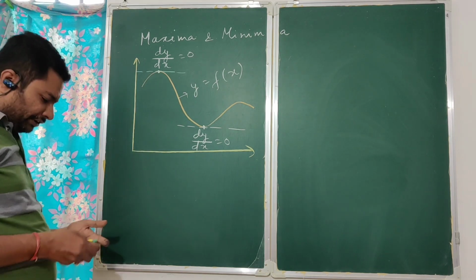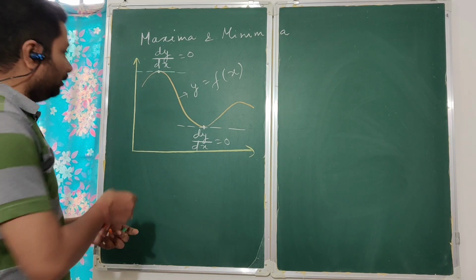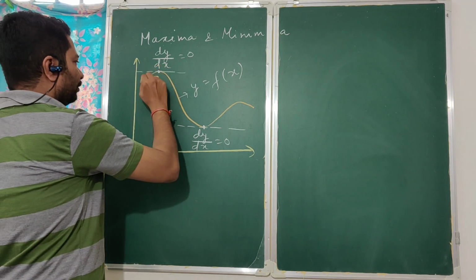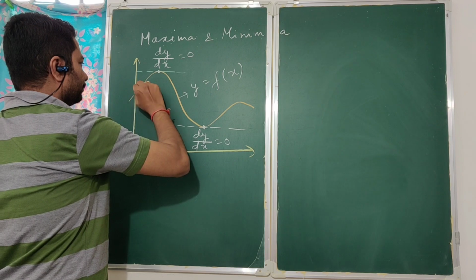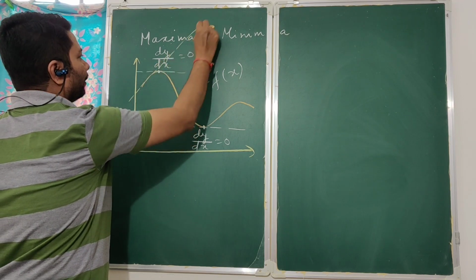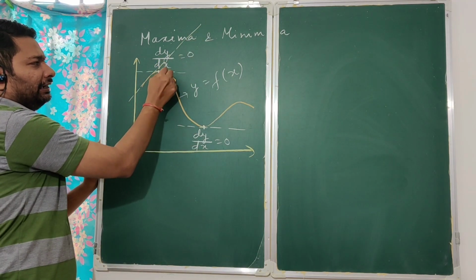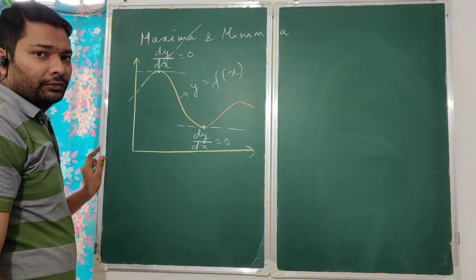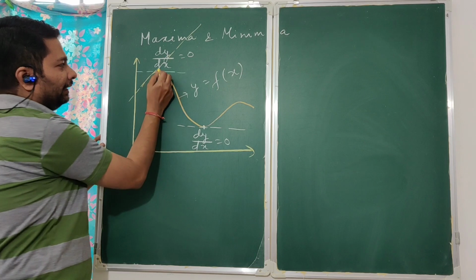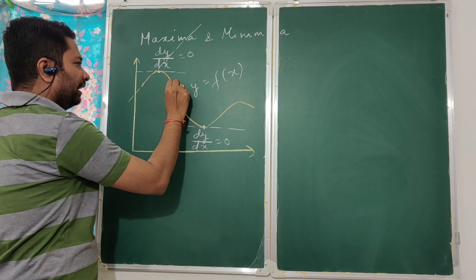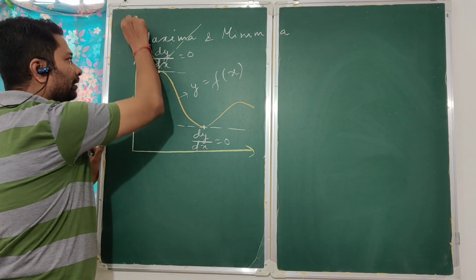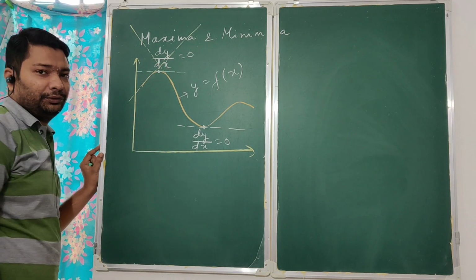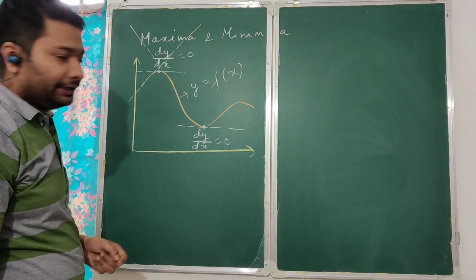Now another observation, mark it carefully. See this point here. Here theta is acute and the slope of this line is positive, then it becomes 0, and finally it becomes negative because the angle becomes obtuse, right?